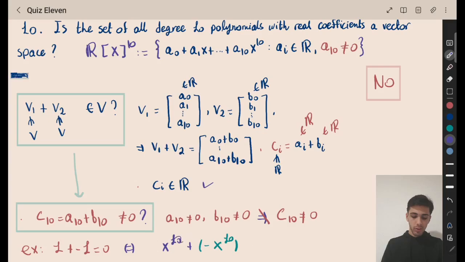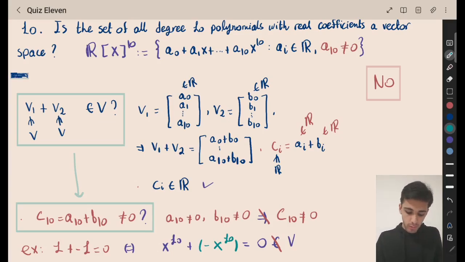Then these two vectors, despite being both in the vector space of real polynomials of degree 10, will add up to 0, which is not in the vector space. So x10 is in the vector space. The other x10 is in the vector space, but 0 is not in the vector space, because 0 is a degree 0 polynomial. It's not a degree 10 polynomial.